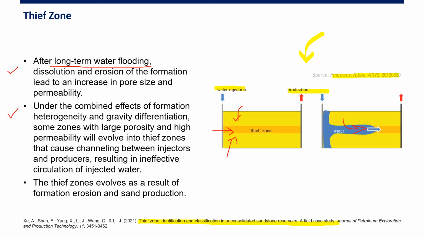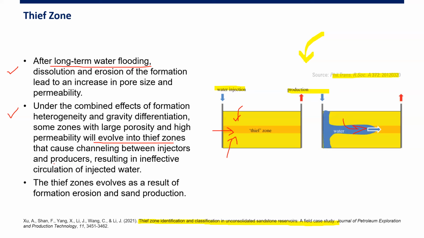And then the second point, under the combined effects of formation heterogeneity and gravity differentiation, some zones with large porosity and high permeability will evolve into thief zones that cause channeling between injectors and producers, resulting in ineffective circulation of injected water.